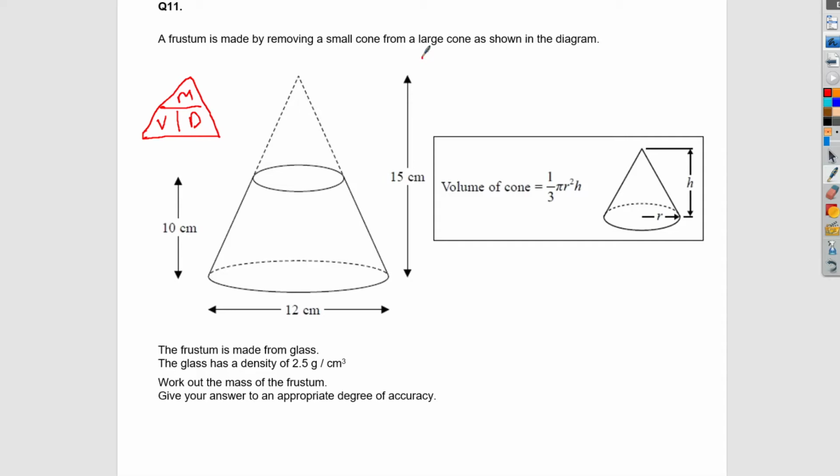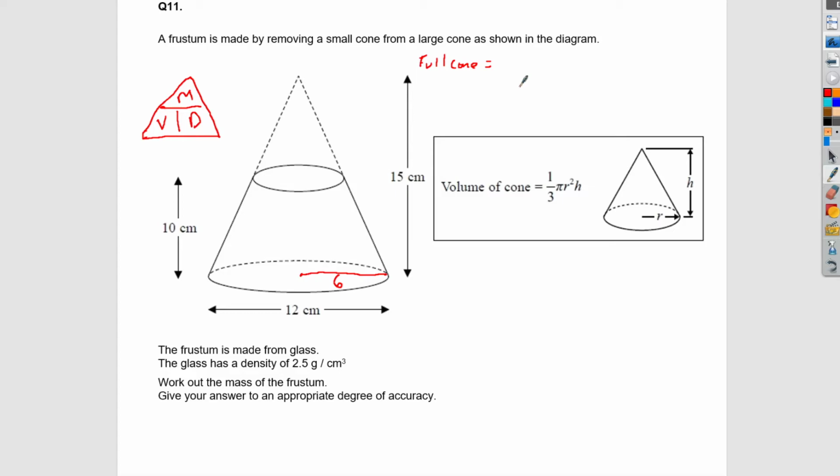So we'll put here full cone is going to equal, okay, so radius in this case is half this diameter, which is going to be 6. And the height of the full cone is 15.